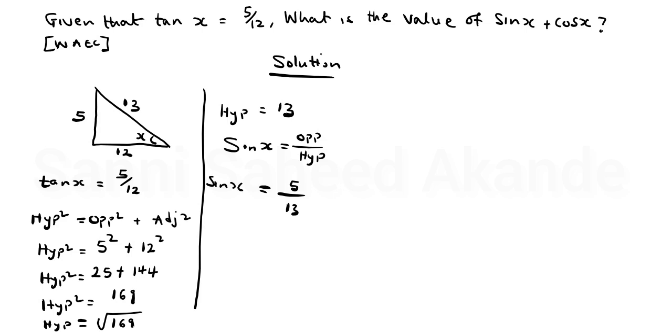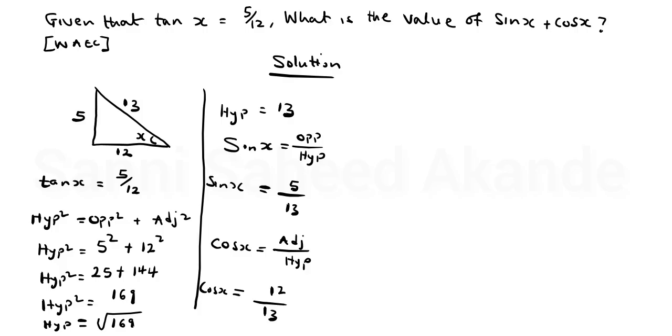Now let's go ahead and find cos x. Cos x is equal to adjacent over hypotenuse. Then what is my adjacent? Adjacent is 12 divided by the hypotenuse, which is 13. So cos x is 12 over 13.